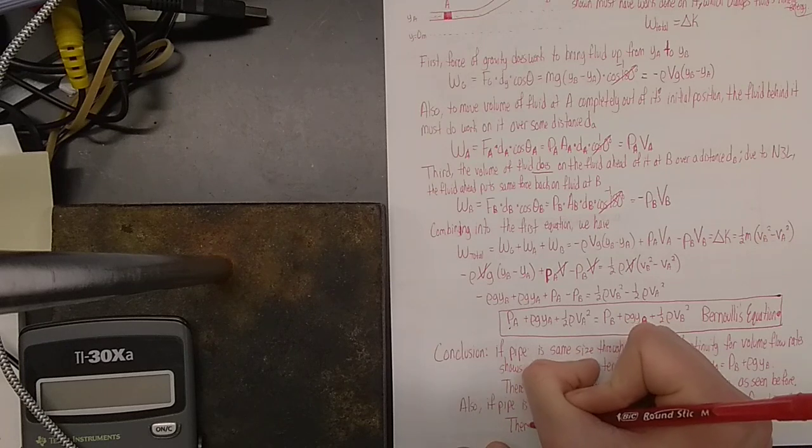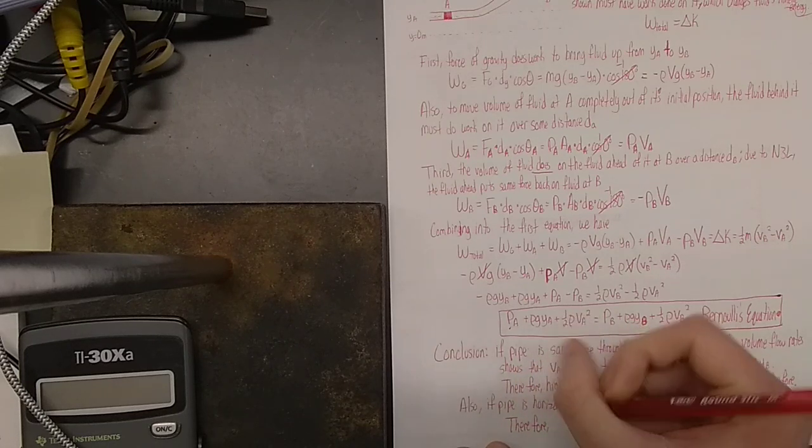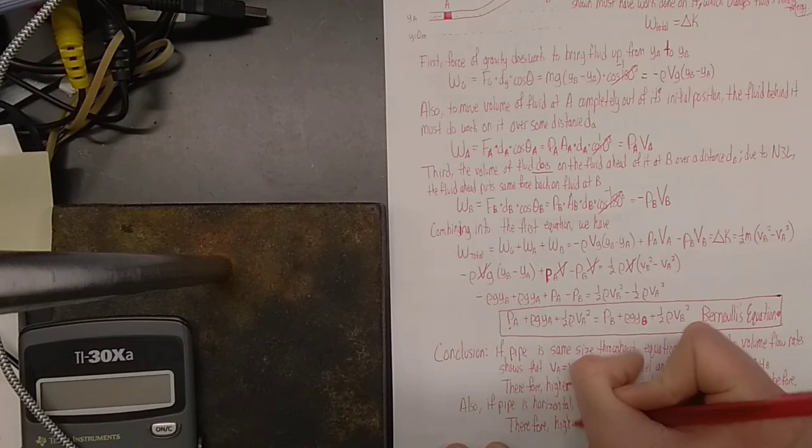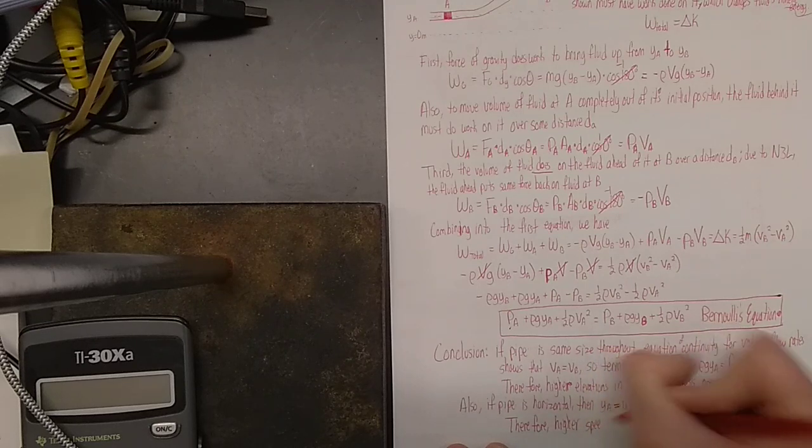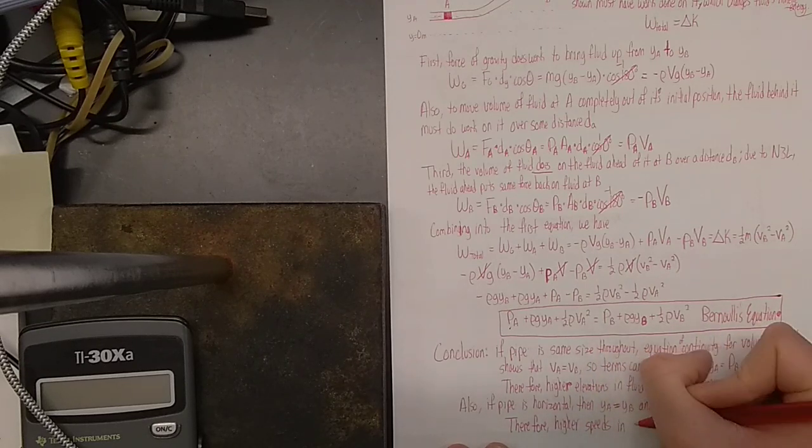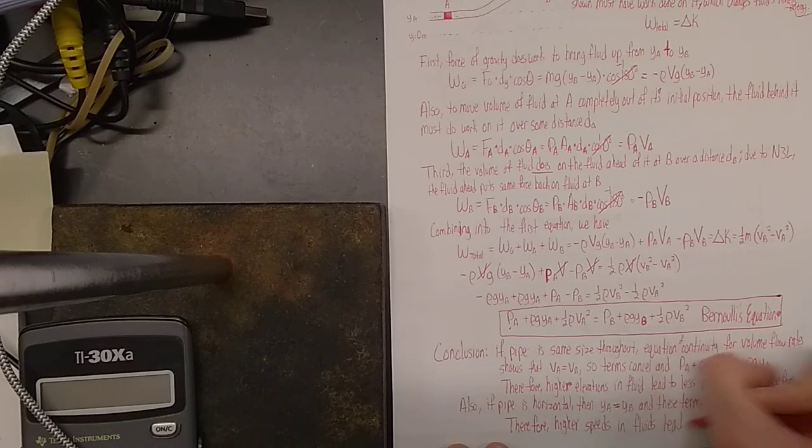And if this is the case, therefore, for the same reasoning as above, higher speeds in fluids lead to less pressure as well. There we go. So that's the basics of Bernoulli's equation.